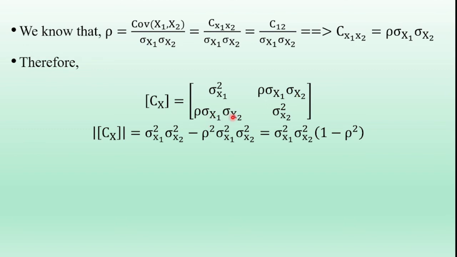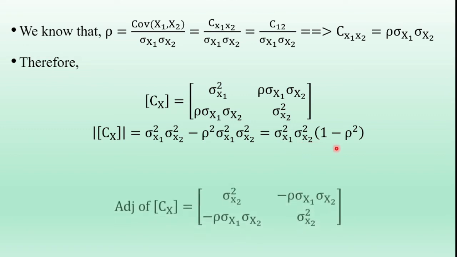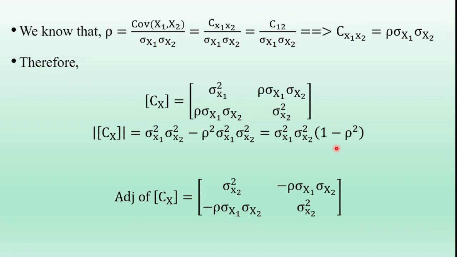On the RHS, this value into this value minus this value into this value, that is sigma x1 square sigma x2 square minus rho square sigma x1 square sigma x2 square. In both terms on the RHS, sigma x1 square sigma x2 square is common, so that is sigma x1 square sigma x2 square into 1 minus rho square.